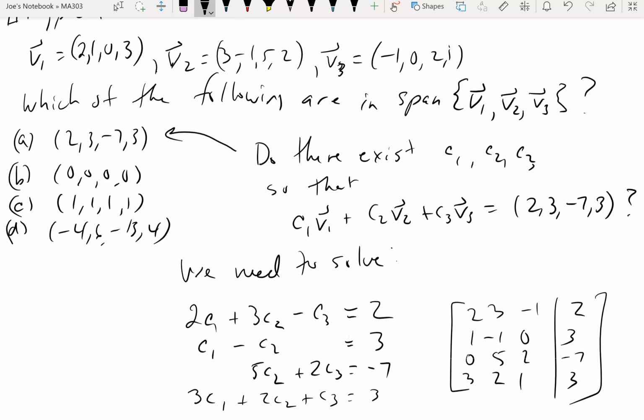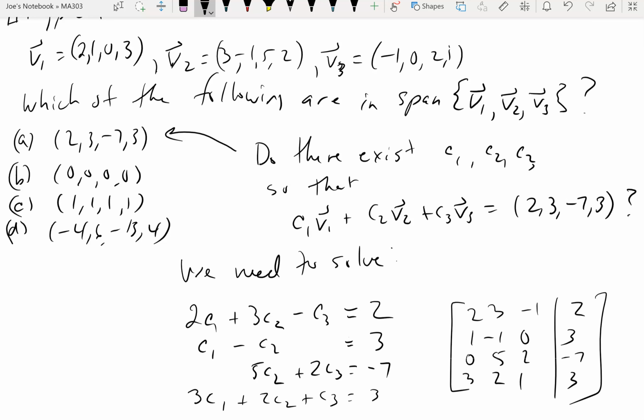Because how did we start this problem off? We set up a system of linear equations. How do we typically solve a system of linear equations? We row reduce, right? So in a lot of problems that involve actual computations with vectors, one of the first steps is to put the vectors as columns in a matrix and row reduce.